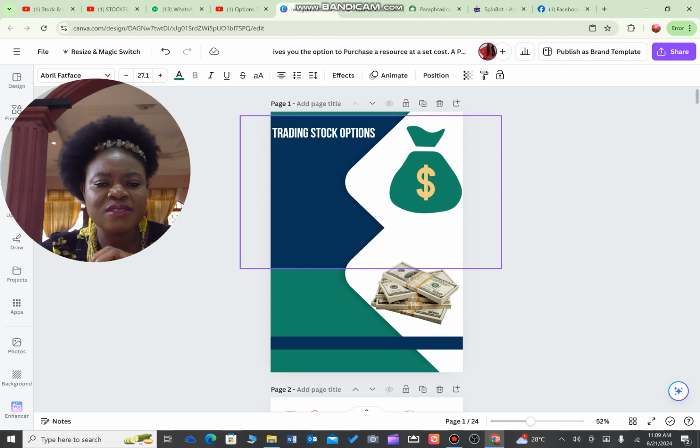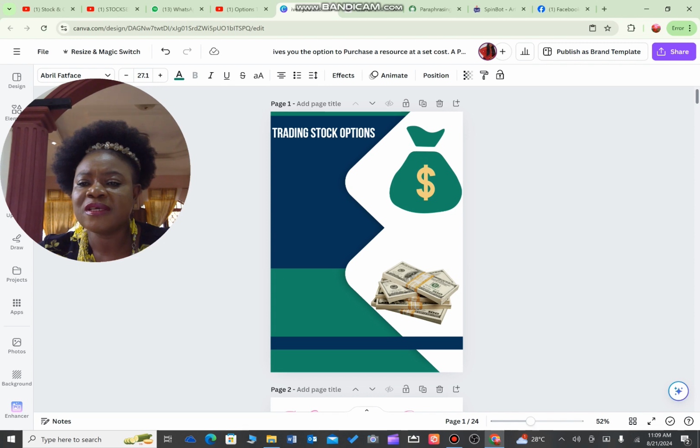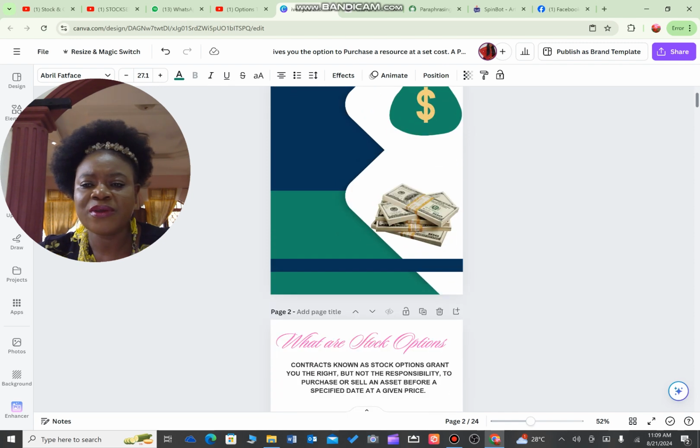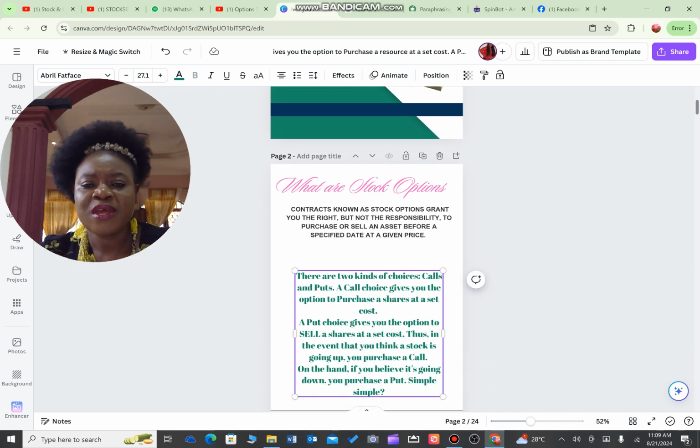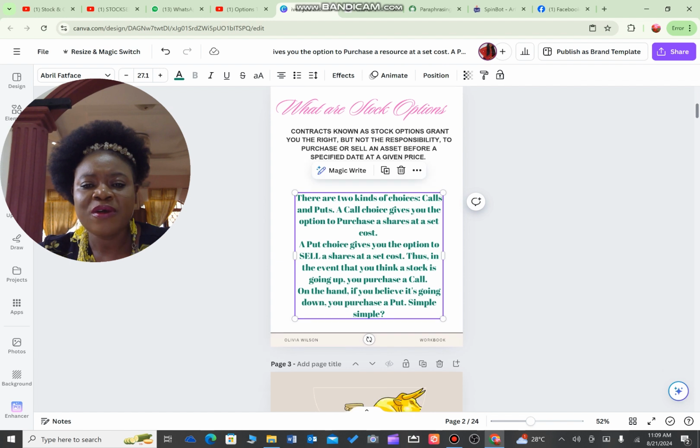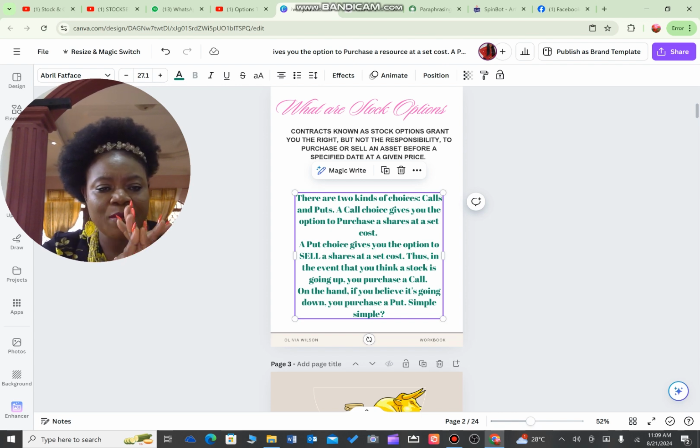Stock options are contracts that give you the right, but not an obligation, to buy or sell shares of a particular company within a particular time and at a particular price.